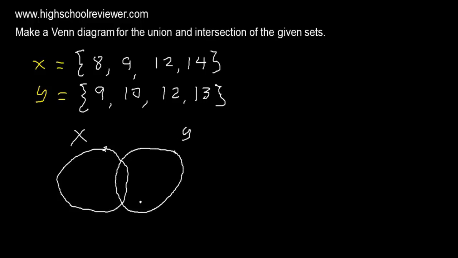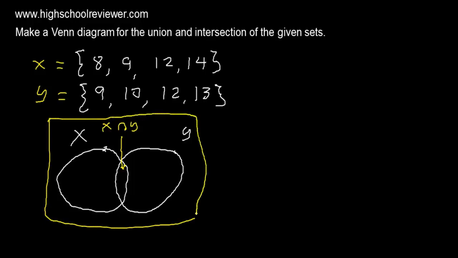This is for Y. Now, this intersection will be the intersection of X and Y. And the whole, this will be the union of X and Y. Let us now get the values for the intersection and the union of X and Y.